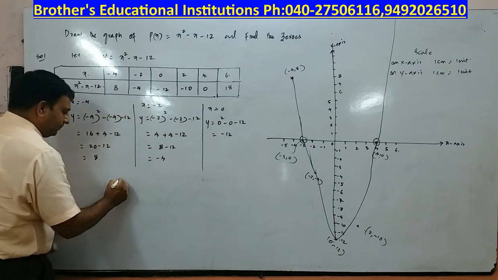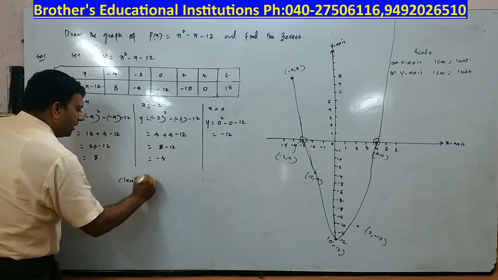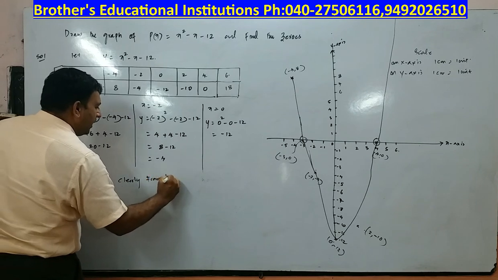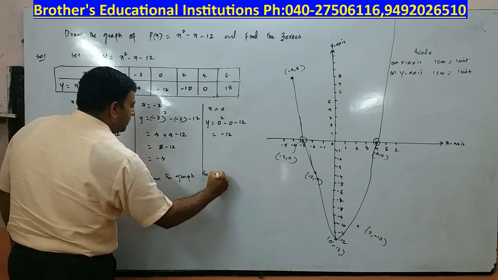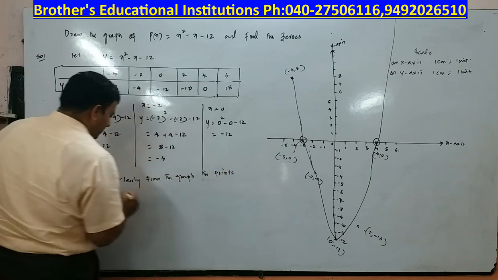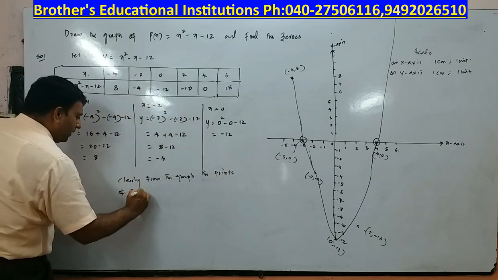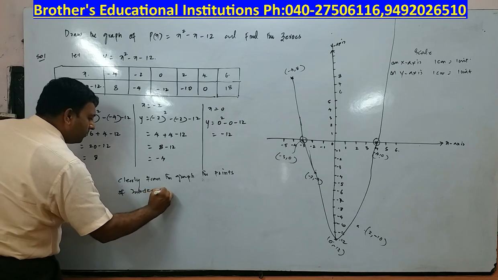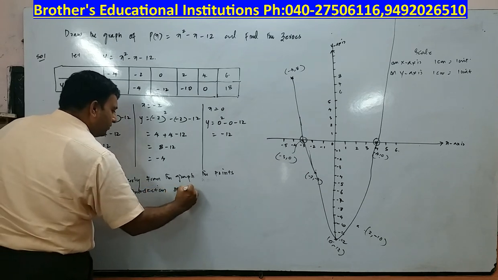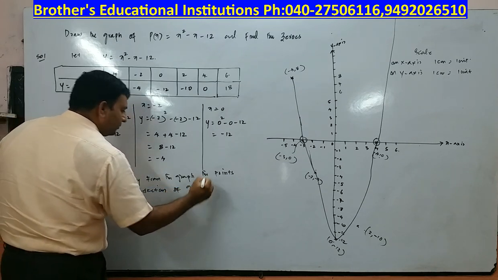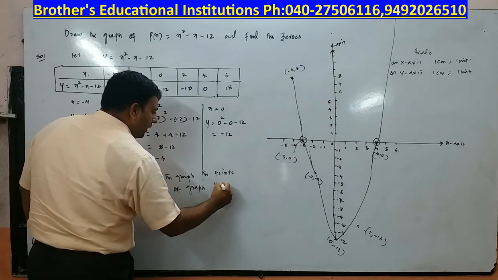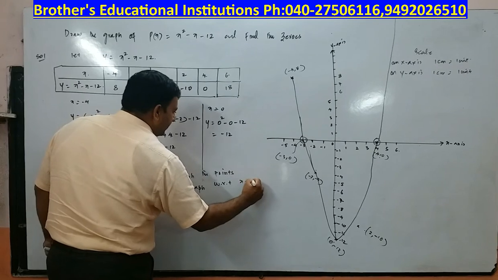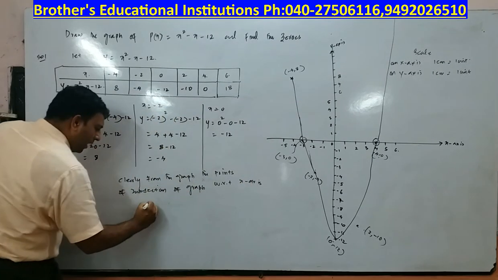So once you are done with the graph, you will note down clearly from the graph the points of intersection of the graph with respect to the x-axis.